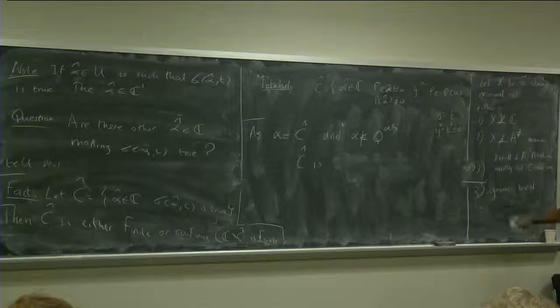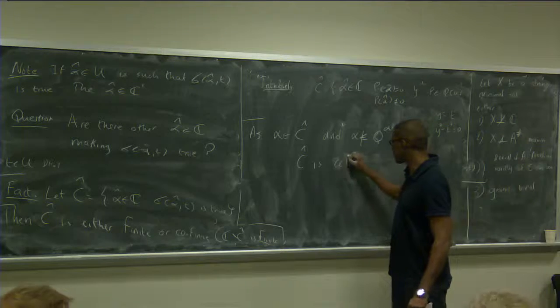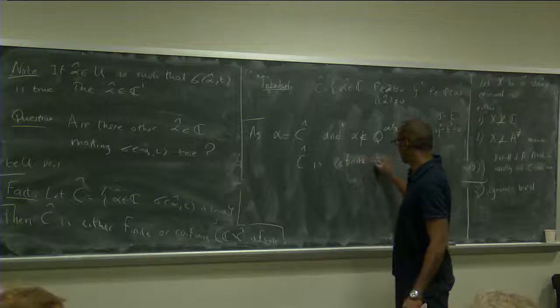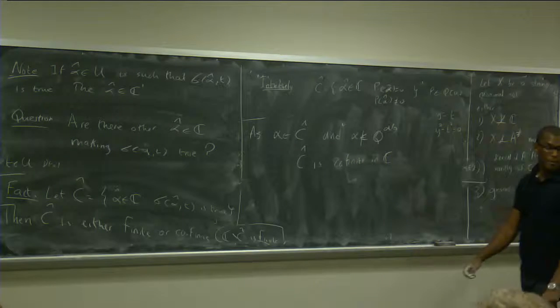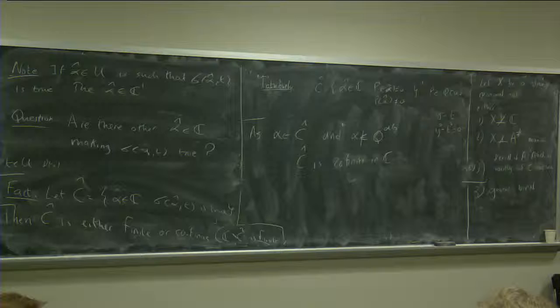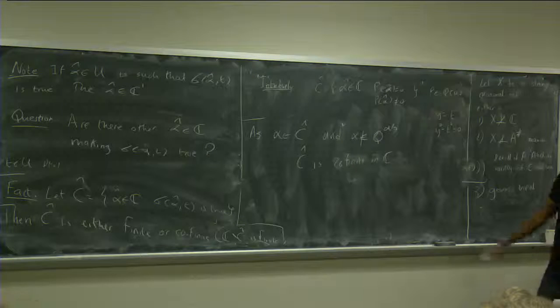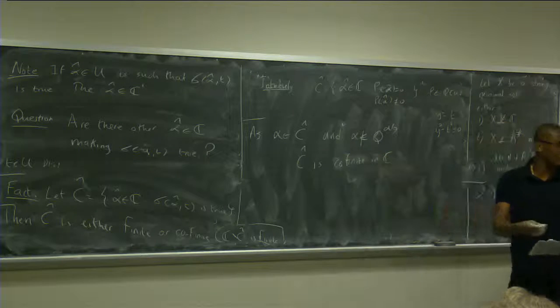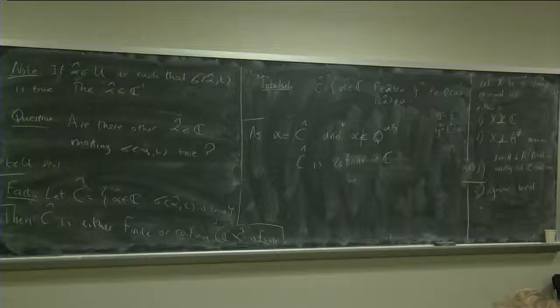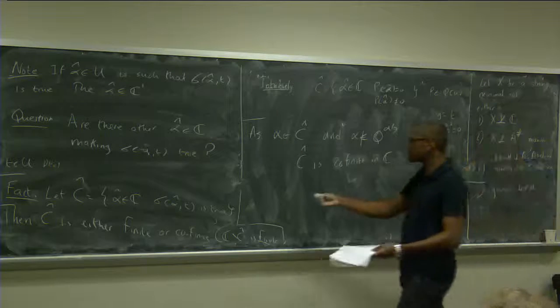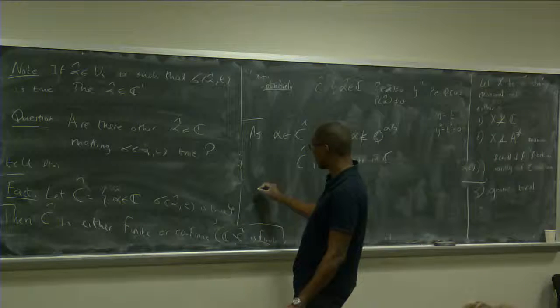And so C hat is cofinite in C. That's right, there are only two choices: it's either one or the other, or else alpha will be algebraic. C hat is cofinite, so is it all of C? No. What's important is that you could remove zero.